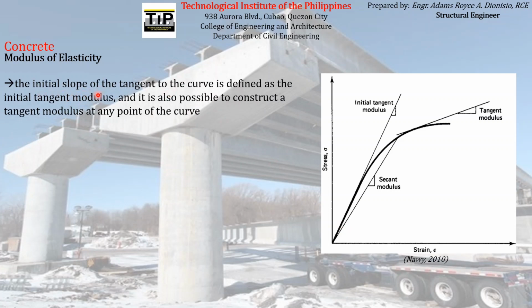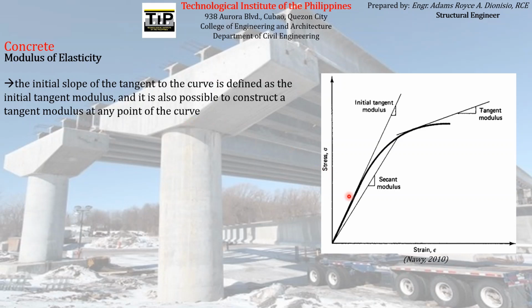The initial slope of the tangent to the curve, this is the curve, the bold line, or bold curve. The initial slope of the tangent to the curve is defined as the initial tangent modulus, and it is also possible to construct a tangent modulus at any point of the curve.